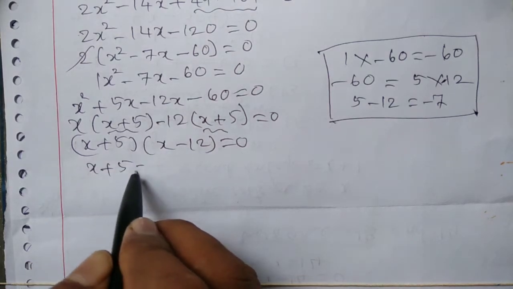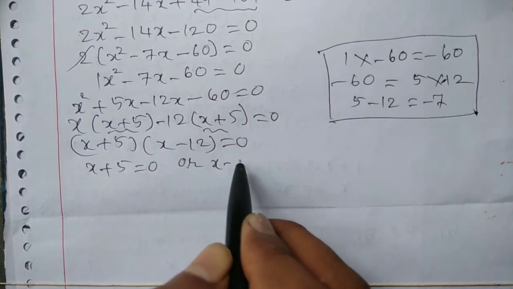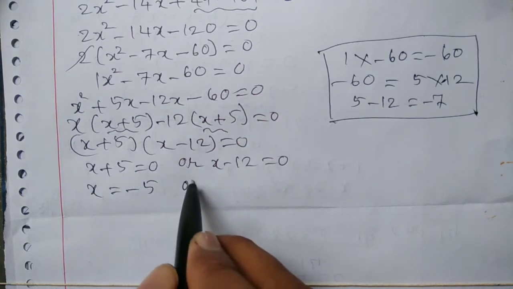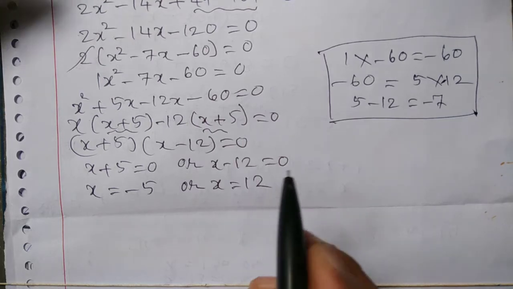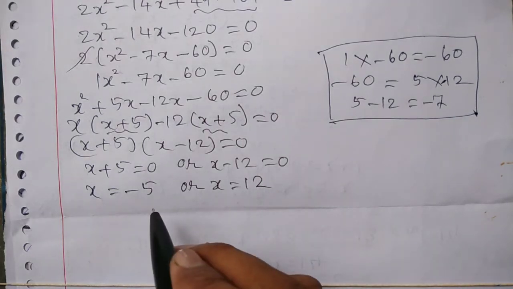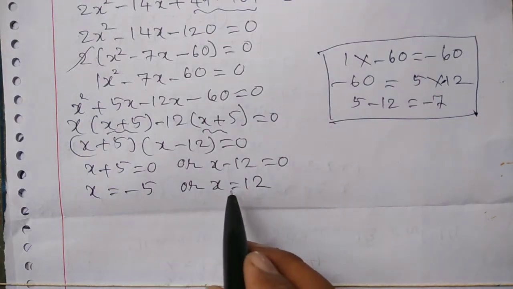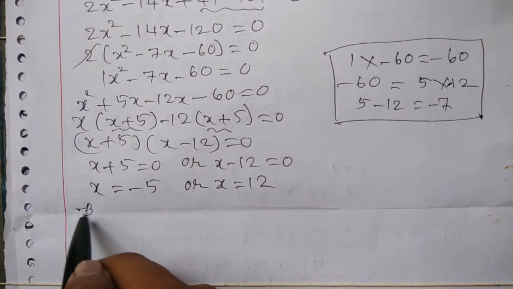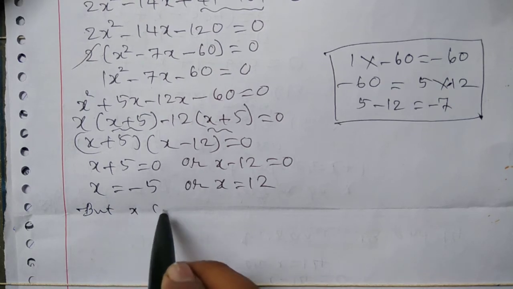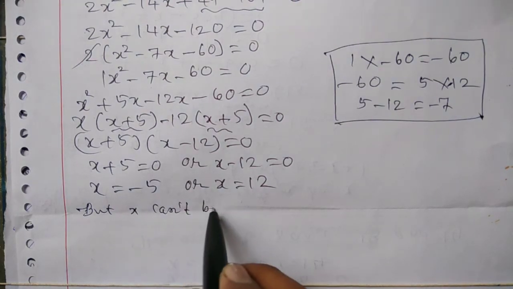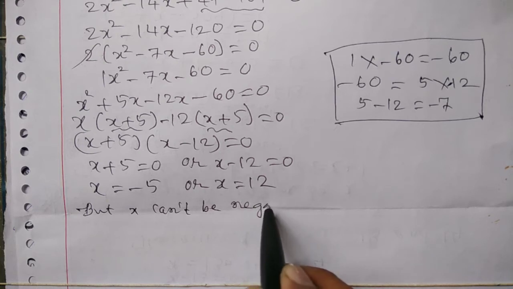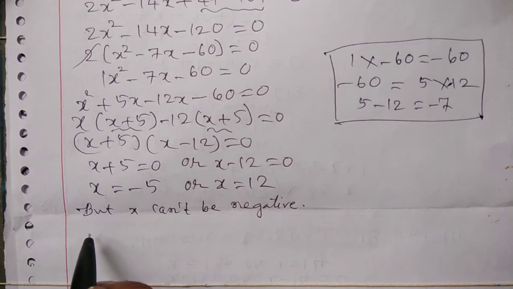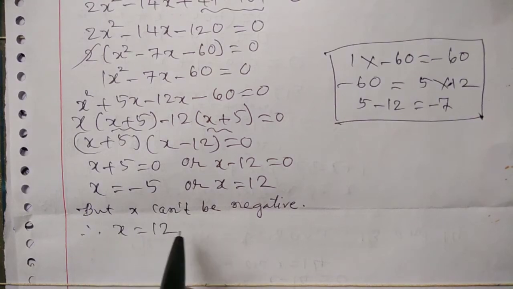x plus 5 is equal to 0 or x minus 12 is equal to 0. x is equal to minus 5 or x is equal to 12. But length is always positive only. That's why x can't be a negative number. Therefore, x is equal to 12 only.